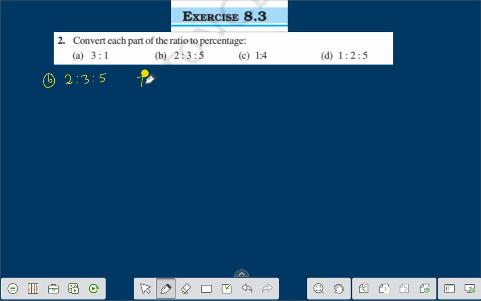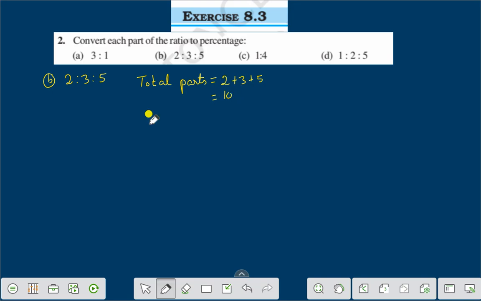Therefore, total parts is equal to 2 plus 3 plus 5. 2 plus 3 is 5, plus 5, that is 10.